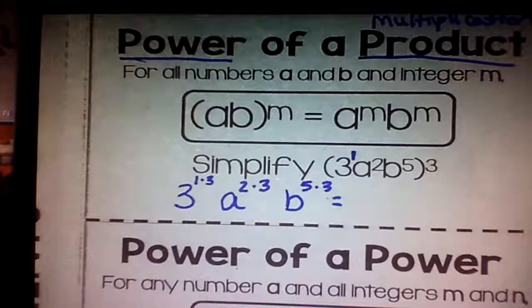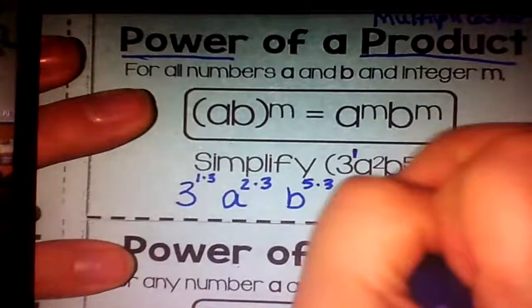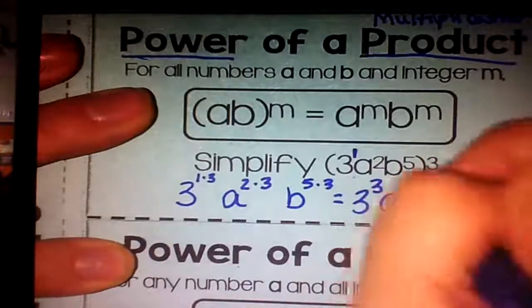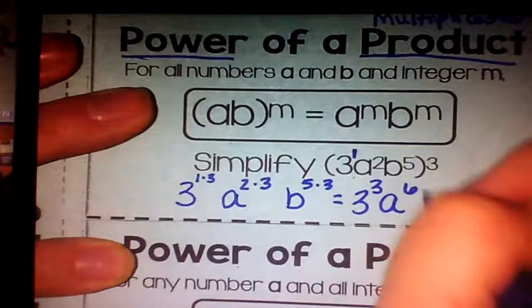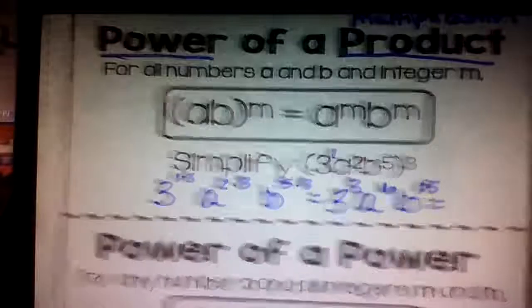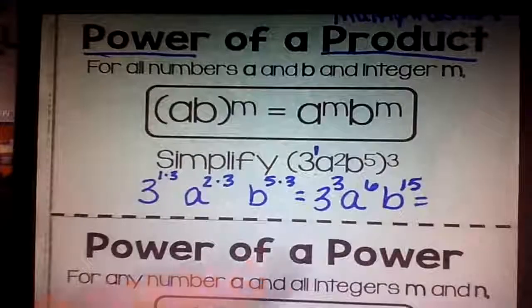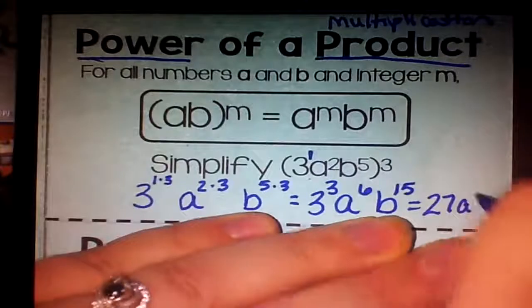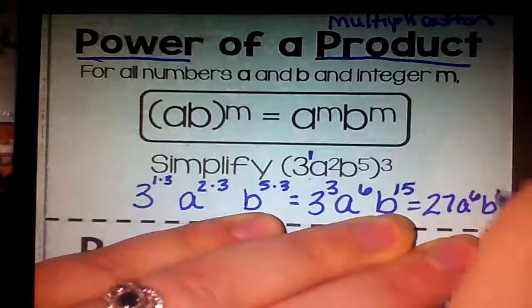So this becomes 3 to the third, A to the 6th, B to the 15th. Which then, 3 to the third is 27. So my final answer is 27, A to the 6th, B to the 15th.